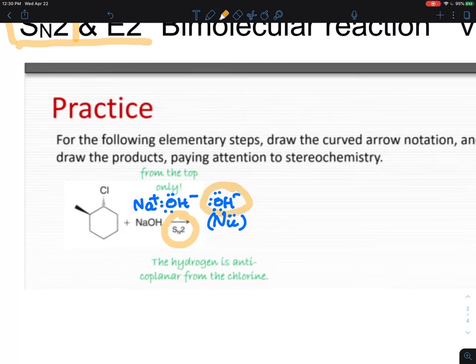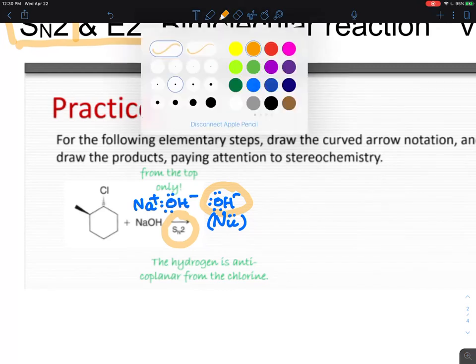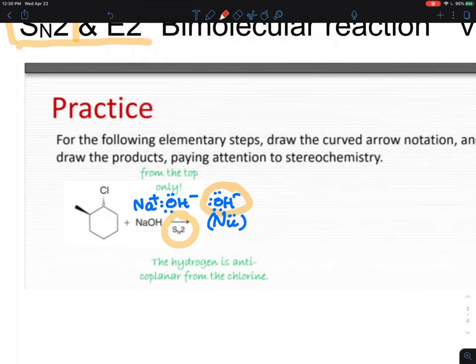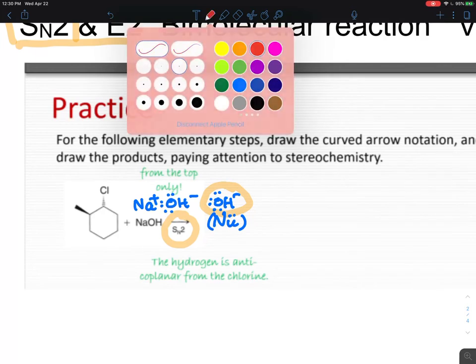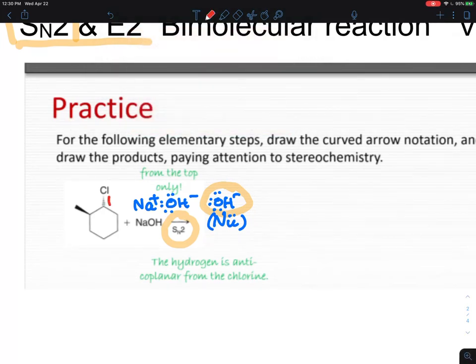They are looking for anything that is positive. If you look at the molecule here, this is the electronegative chlorine. So, okay, that's not what I want. Chlorine is more electronegative, so it pulls the electrons. This carbon here develops a partial positive charge.